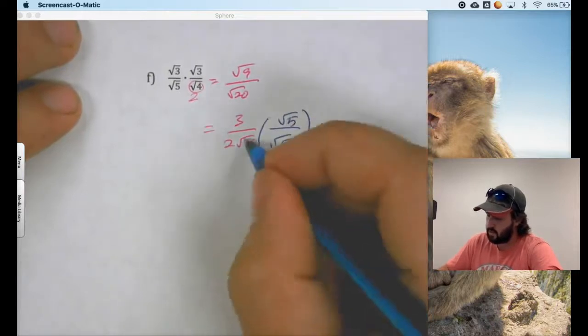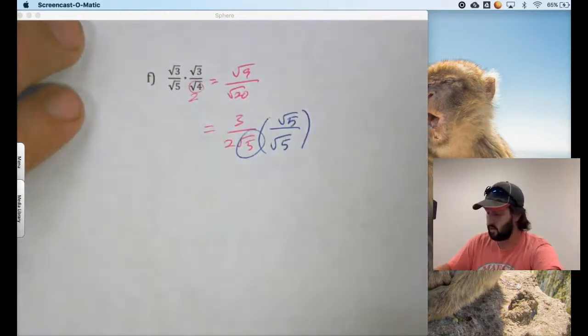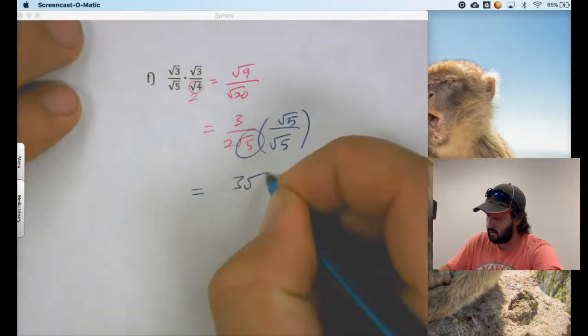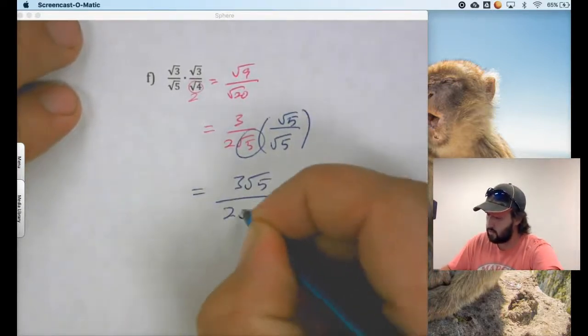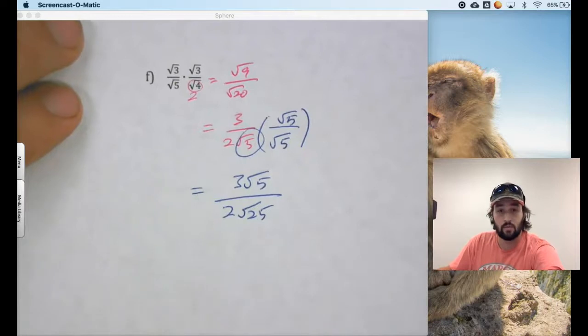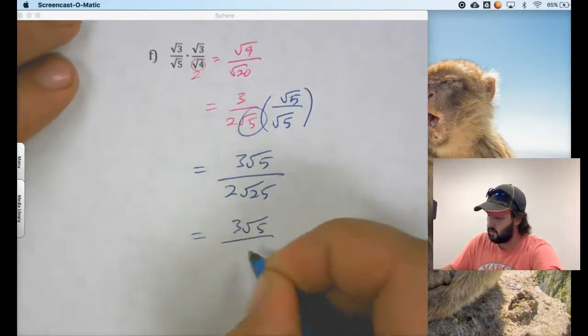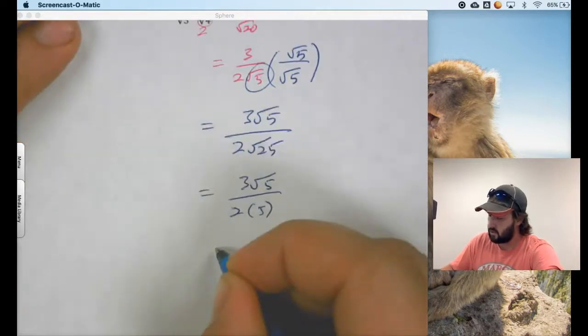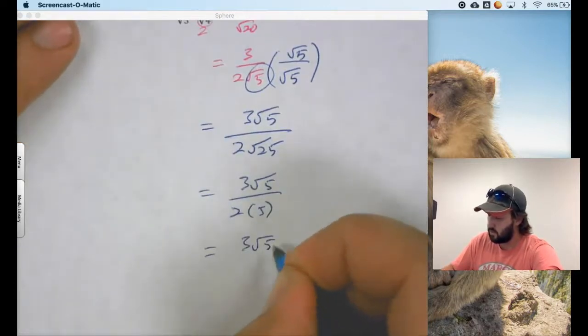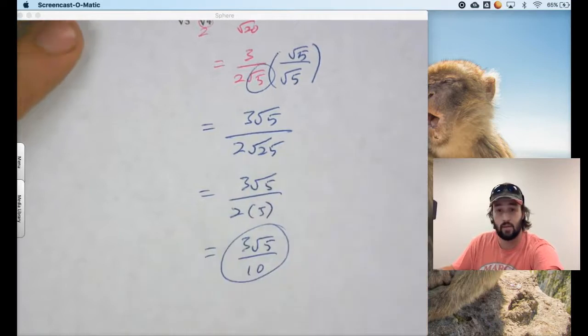Notice I picked this square root such that when I multiply these things, I'll get 3 root 5 over 2 root 25. I know the square root of 25 is 5, so this becomes 3 root 5 over 2 times 5, which is 3 root 5 over 10. That's how I would write my answer.